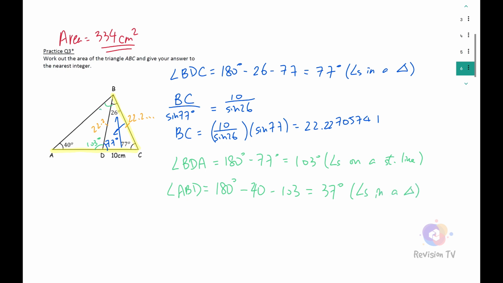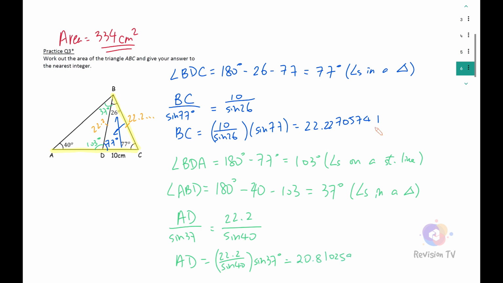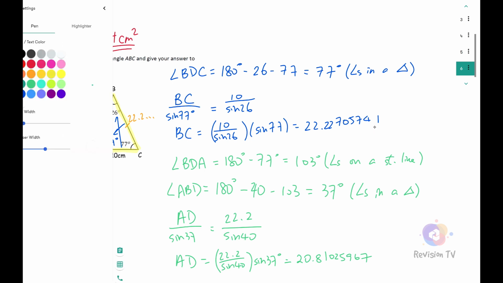So sine rule, AD over sine 37 equals 22.2 over sine 40. In my calculator, I'm going to use the full value. So AD equals 22.2 over sine 40 times sine 37 degrees, which will give me 20.8102597. So 20.8.